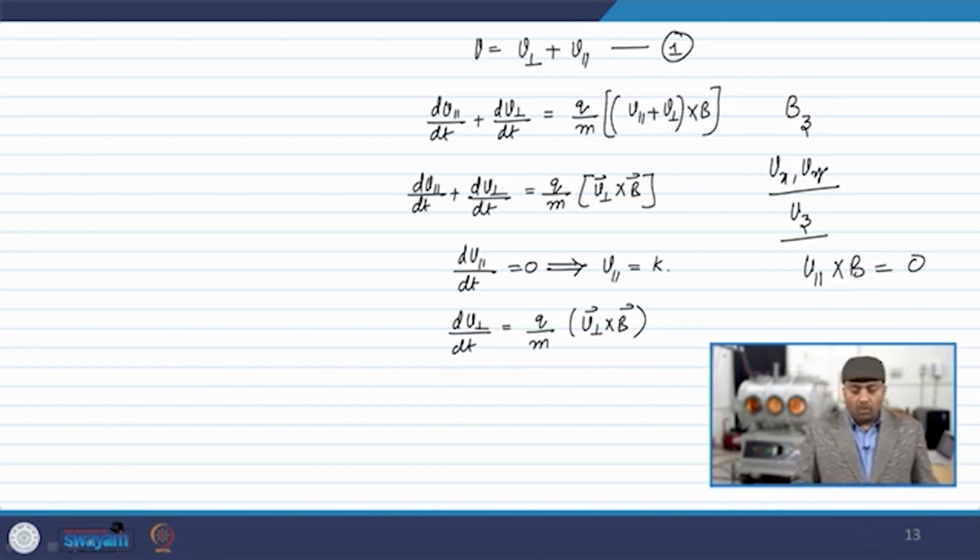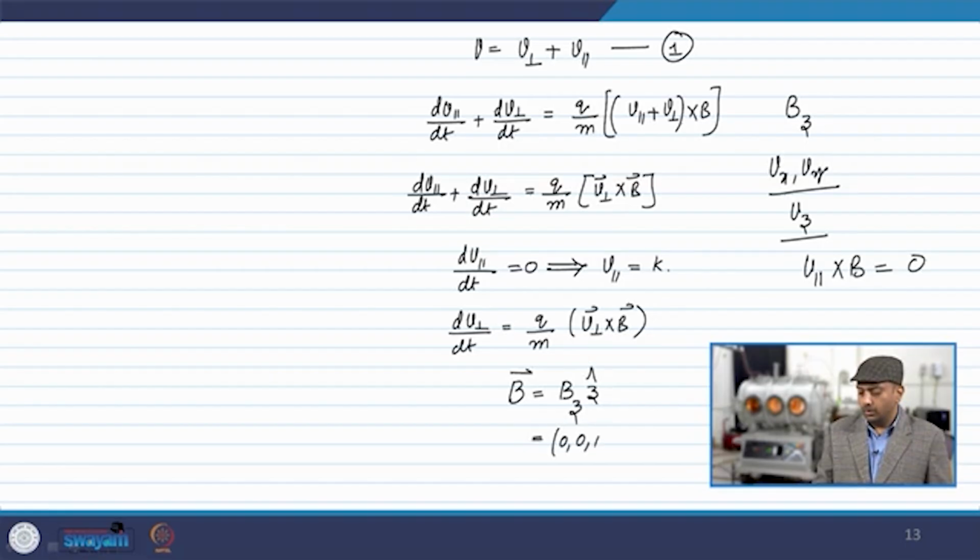To find out about the nature of motion under the influence of this type of magnetic field, let us consider the magnetic field B. The configuration is Bz along z cap, which means we have 0, 0, Bz, right.